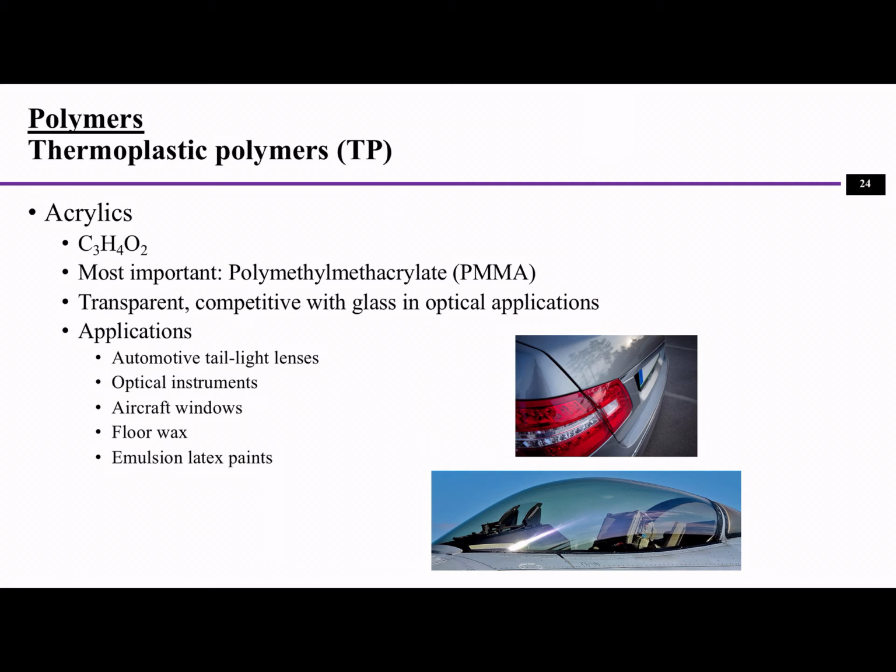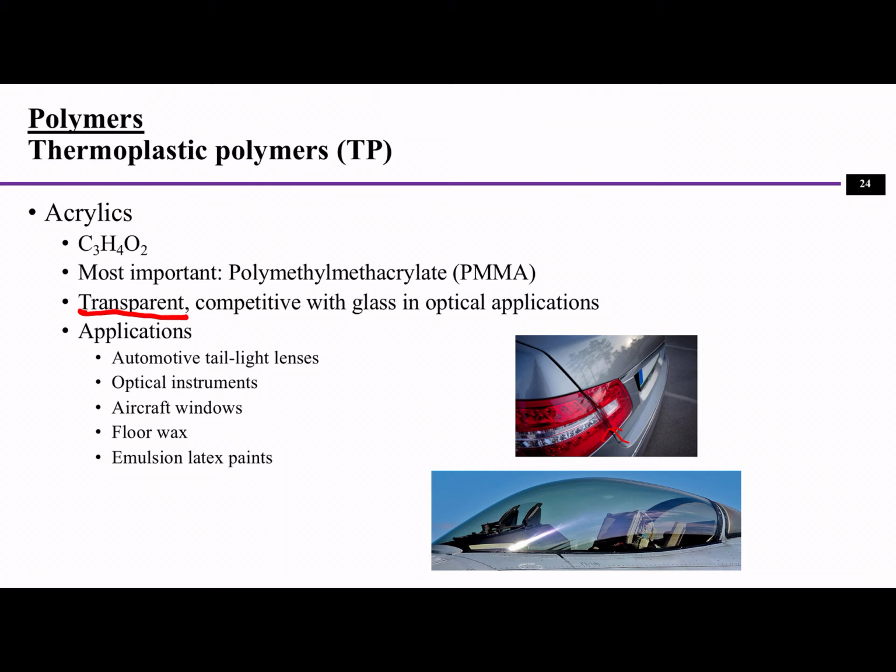Another type is acrylics. We are pretty familiar with acrylics, because there are many products made of this polymer. One typical one is tail light lenses, right? Tail light lenses of cars, and this is the main material because acrylics are transparent.